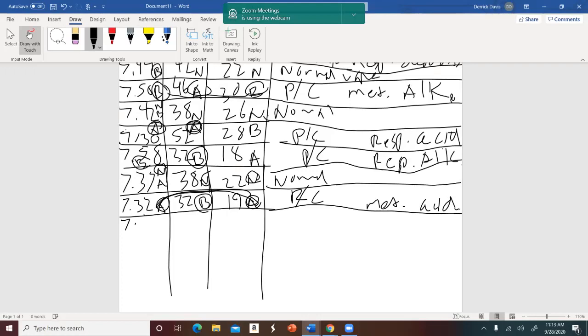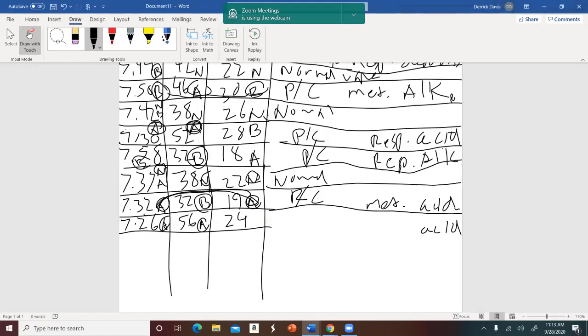7.26, 56, and 24. All right, 7.26 is acidic, and I'm just going to write acidosis. CO2 56 is also acidic.